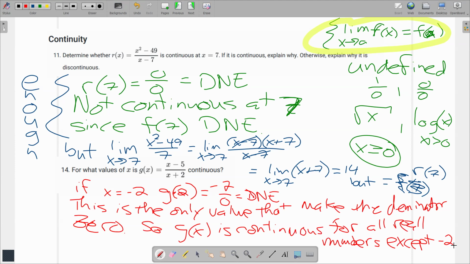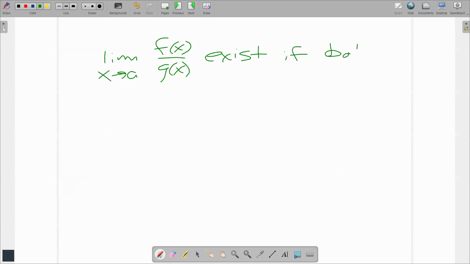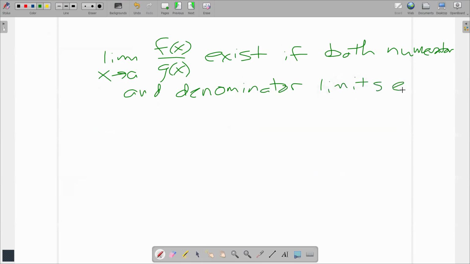Somebody mentioned limit laws. So we have a limit law that says the limit as x approaches a of f of x over g of x exists if both numerator and denominator limits exist, and the limit as x goes to a of g of x is not 0.